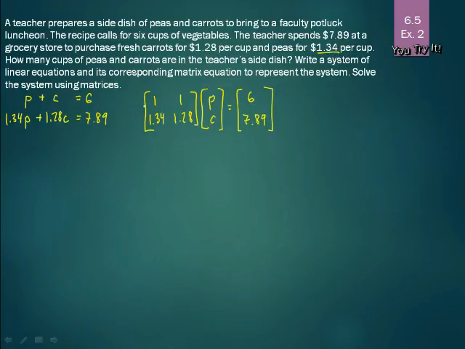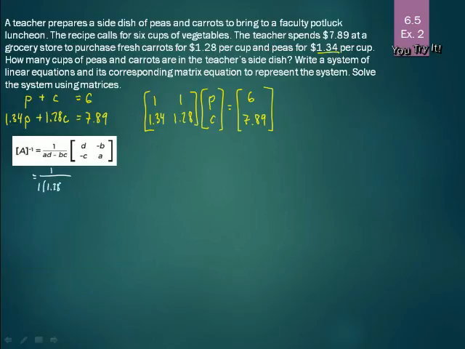So now we need to find the inverse matrix for this left matrix so that we can get PC alone. Using our matrix formula, we have 1 divided by A, which is 1, times D, which is 1.28, minus B, which is 1, times C, 1.34.